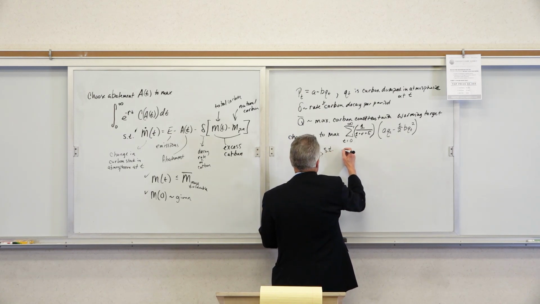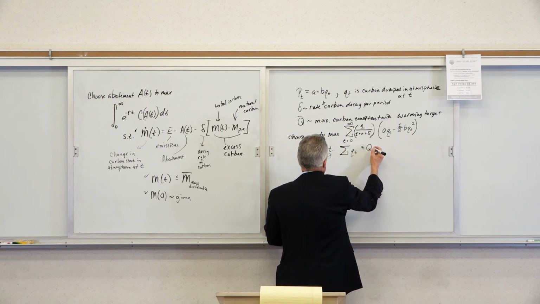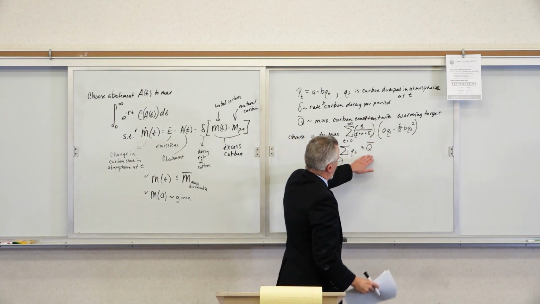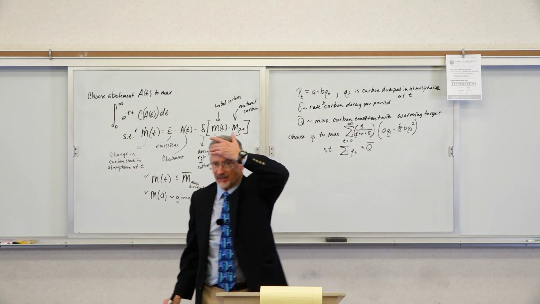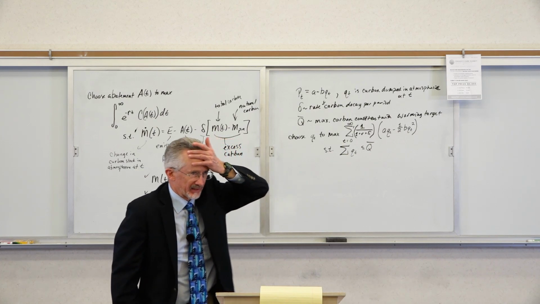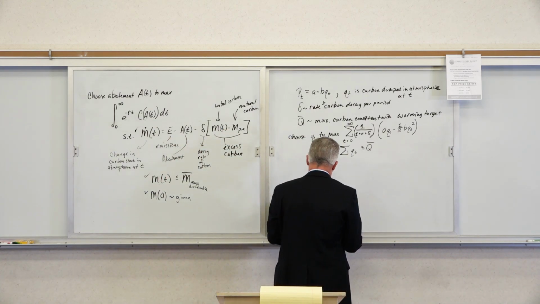Subject to my constraint that the sum of the Q_t has to be less than or equal to Q bar. I will not allow myself to put out more than that. I can't have more than that, right? There's a benefit to dumping this stuff out, but I can only put out so much or I will exceed my gains or whatever, okay?